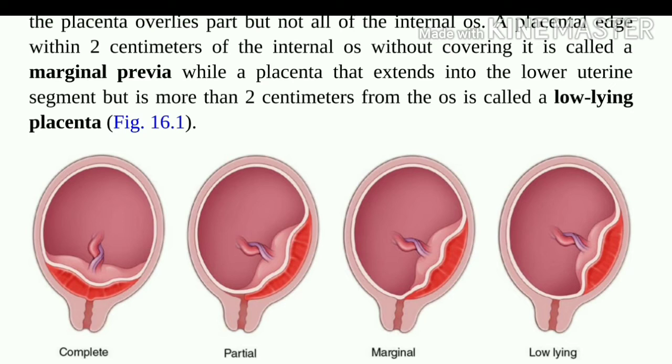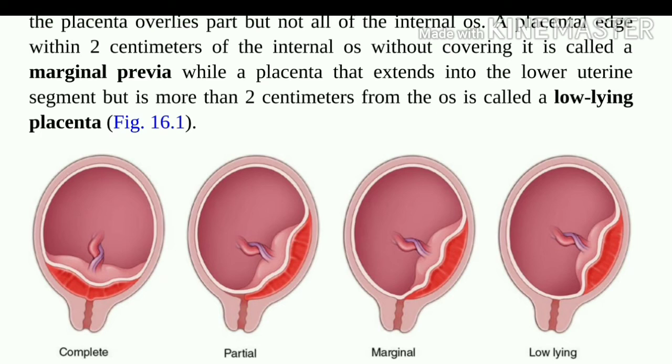So the causes are: the upper fundus not well vascularized, a scar on the fundus, previous uterine surgeries, multiple pregnancy, abortion, a larger than normal placenta, smoking, intrauterine fibroids, alcoholism, and maternal age more than 35. These are the causes or risk factors of placenta previa.